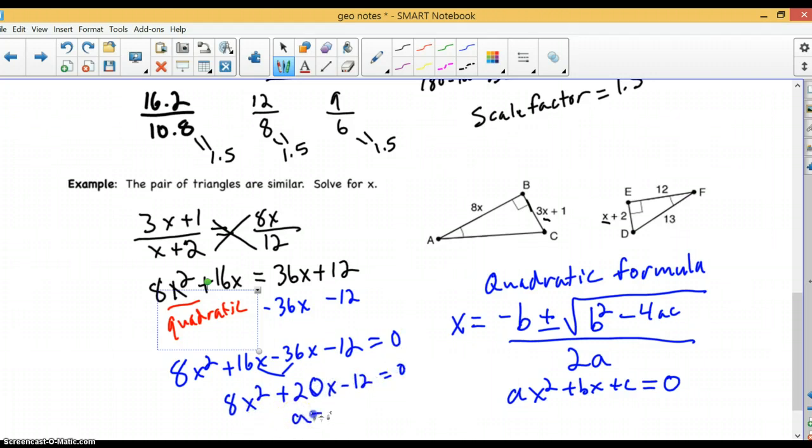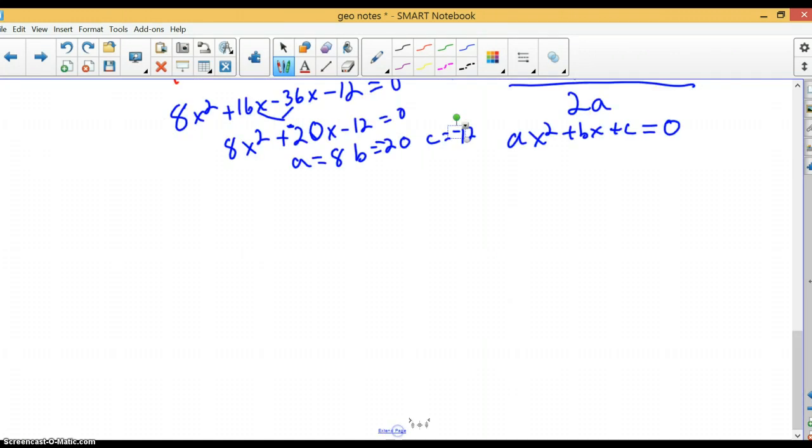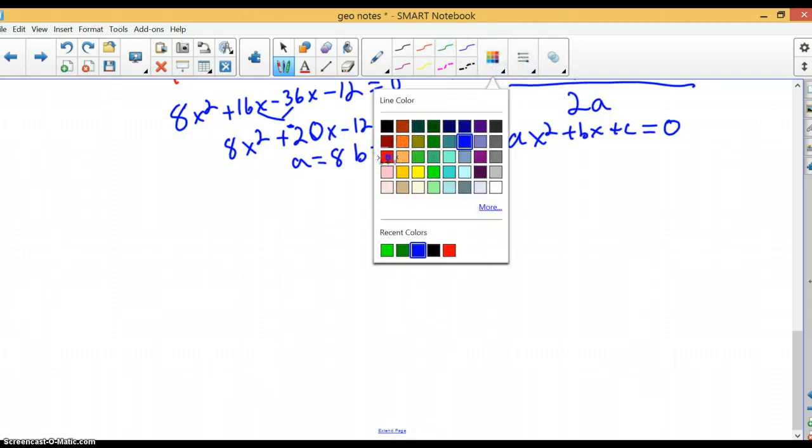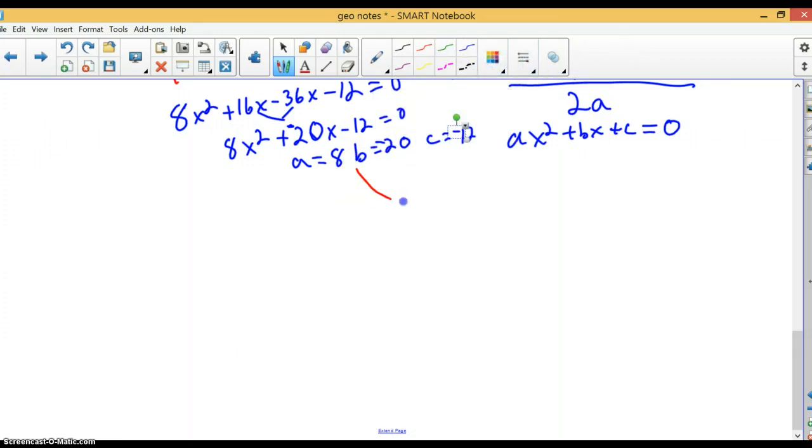So we have a equals 8, b equals 20. Sorry, this is going to be a negative 20. So b is negative 20, and c is negative 12. So we plug all of these values into our quadratic formula.